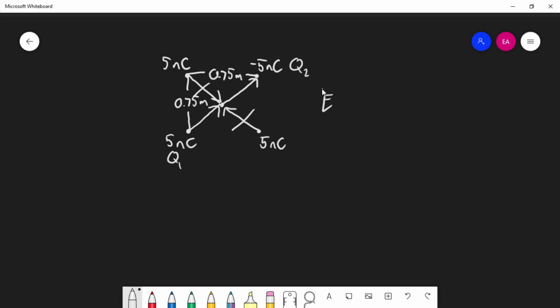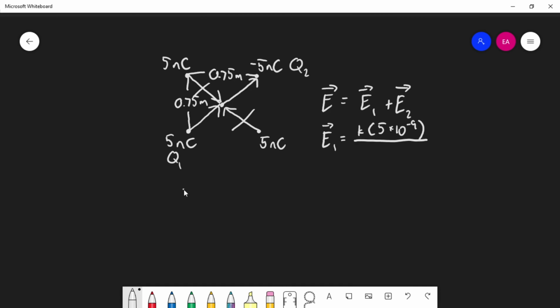Now, the electric field is just basically E1 plus E2. Now, to get E1, I forgot the arrowhead. To get E1, that is equal to K times 5 nanocoulombs, so it's 5 times 10 raised to negative 9 over R squared. Now, what's R?